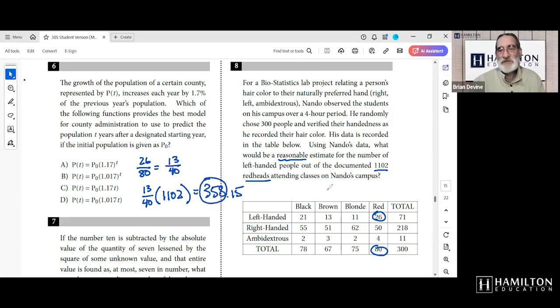So 358 would be a very reasonable answer. In fact, based on the data, it would be the most reasonable. But because it is statistics, we can smudge it a little bit to the top and the bottom. So we'll accept 357, 358, or 359 as an answer. But if you got 358, then you're probably not even watching this video.